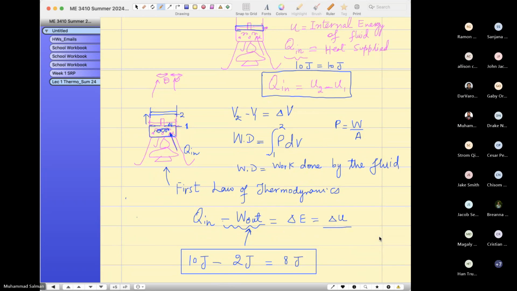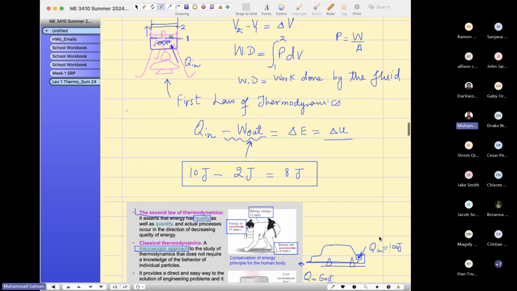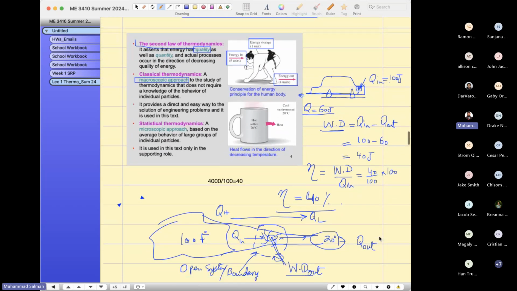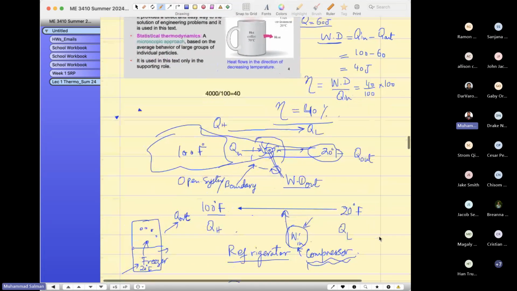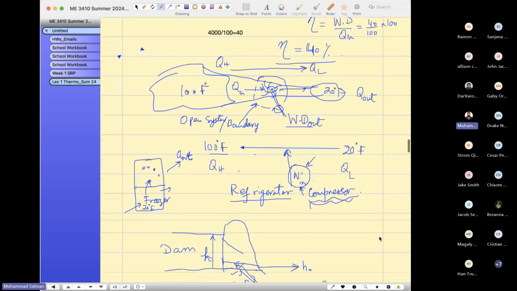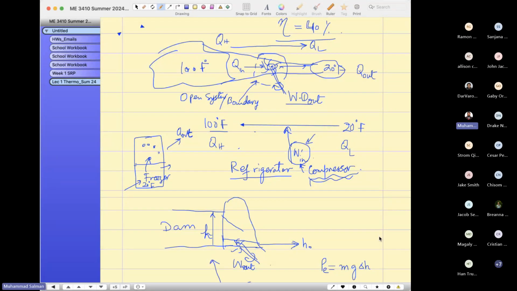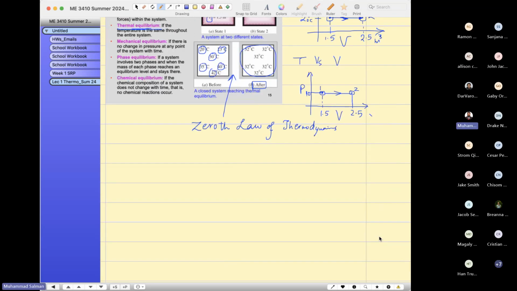It just transfers from one form to another form, but the initial and final energy sum is always the same. You have studied the second law, that you cannot make a heat engine without the expenditure of energy. You have to reject some heat to the environment. You have studied the second law, refrigeration system. And now you have studied the zeroth law of thermodynamics.